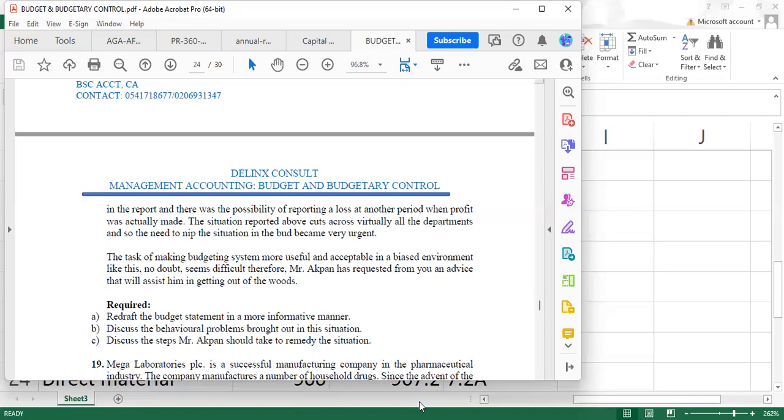If you are an employee in an organization where your boss or people just come and force things on you, you are not consulted, you are not part of the process, how are you going to feel? The first one, you feel demotivated, isn't it? What will be the next one? You will not contribute fully.